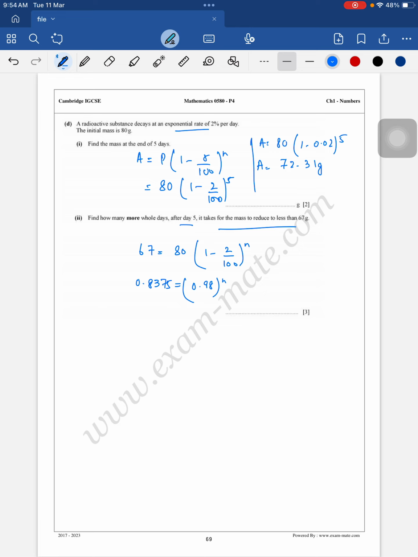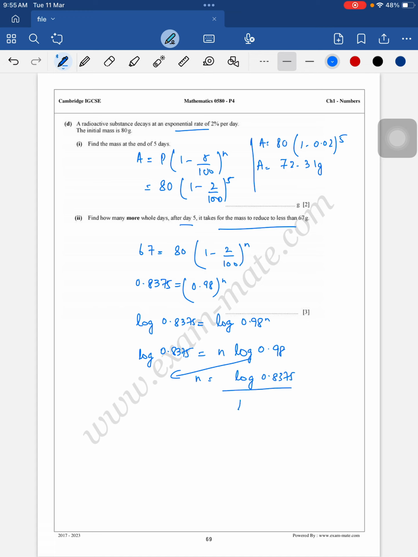To calculate the value of n, we have to apply the formula of log, right? So applying log on both sides. According to the formula of log, this n should come on the front. Now n is equal to log of 0.8375 upon log of 0.98, since 0.98 will go over there in the denominator.